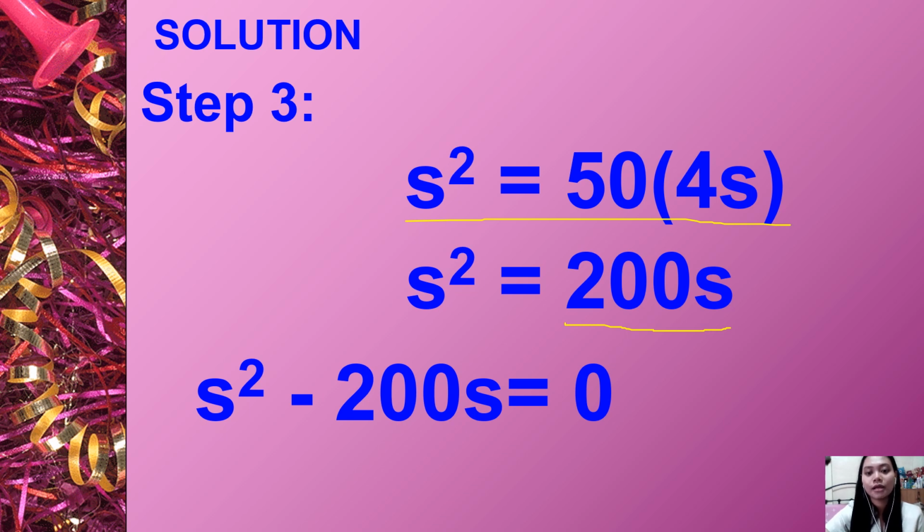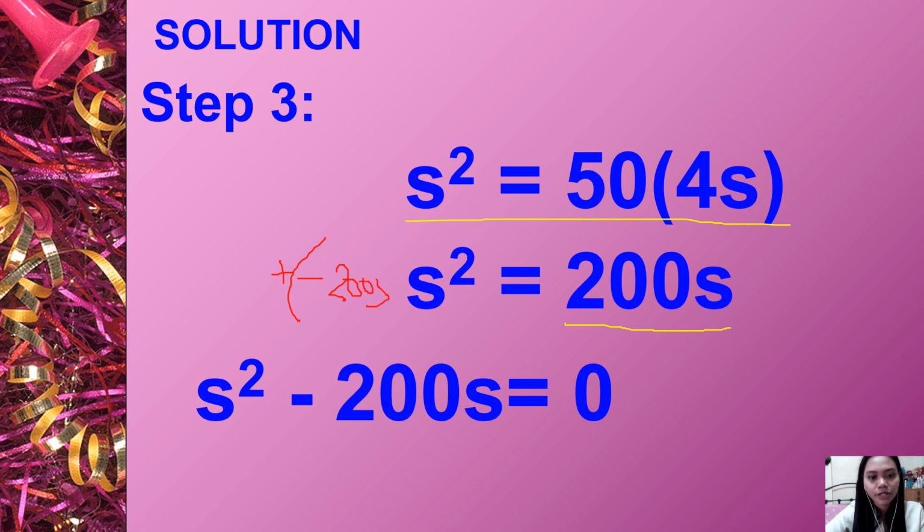Then by addition property of equality, on each side we can add, okay, I'll choose red na lang. We can add on the left side plus negative 200s.